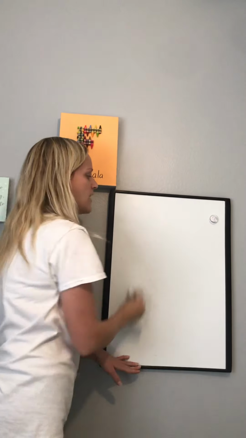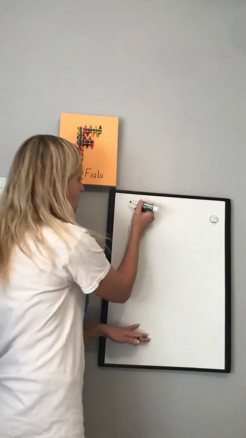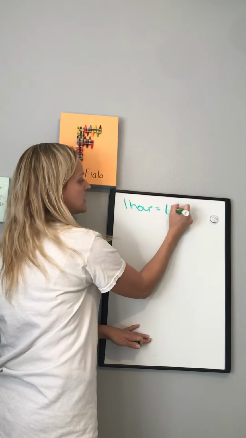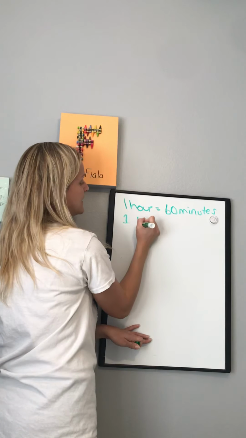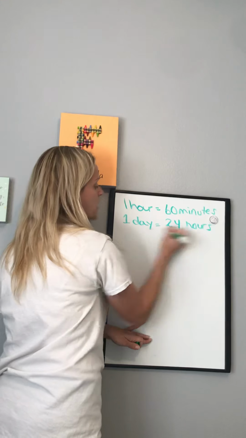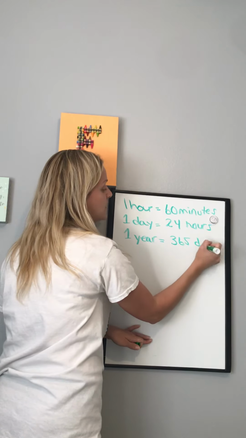Okay, so again, 2 steps for solving those converting problems. Same when we're talking about converting measurements of time. That is also on your reference sheet. So you know that 1 hour is 60 minutes. We know that 1 day is equal to 24 hours. We know that 1 year is equal to 365 days.